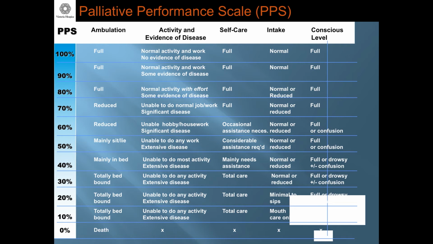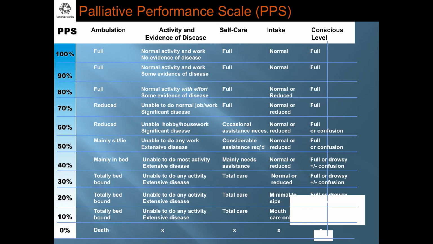You're sitting down or lying most of the time. And hobbies are pretty much gone by then, and the disease is really starting to show. The next transition I say is from 40 to 30, and that's an easy one. You're in bed. You're really not getting out of bed once your PPS is 30. And the final one is 10%, which is really unconscious.